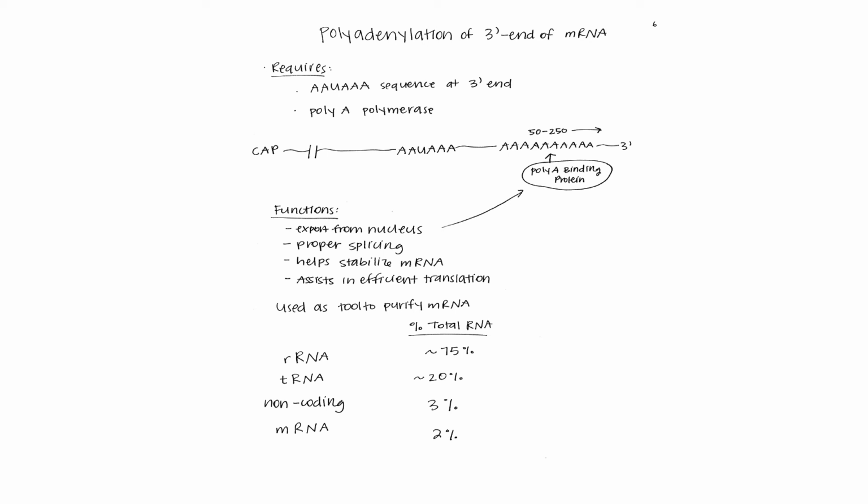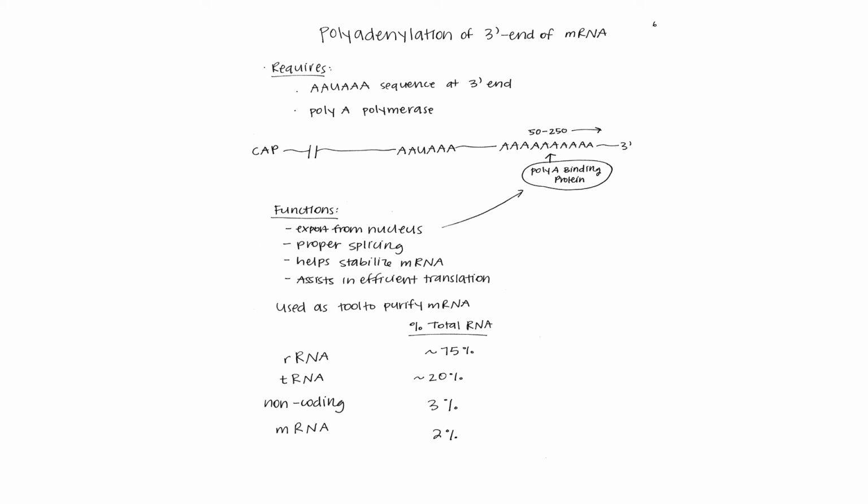And the other thing is that this polyA polymerase does not require a template. All it does is bind to the 3' end of the message and then just synthesizes and ligates together, or polymerizes a whole series of adenines that can be anywhere from 50 to more than 300. So it's a long, what we call poly-A tail.